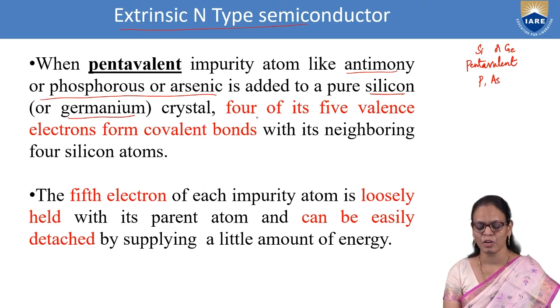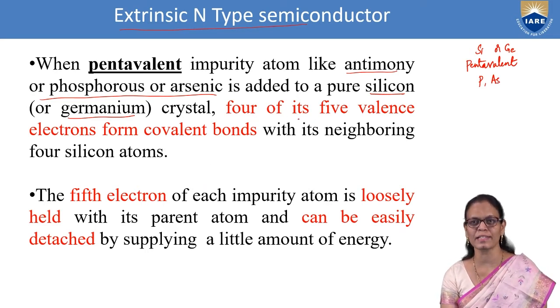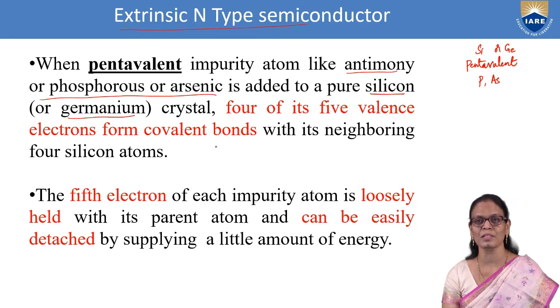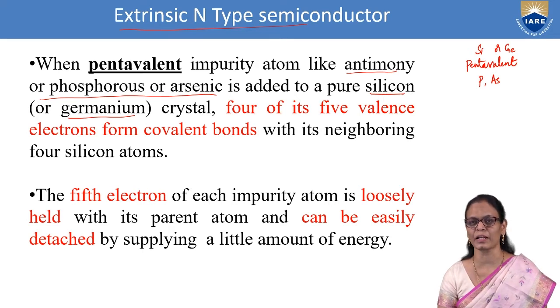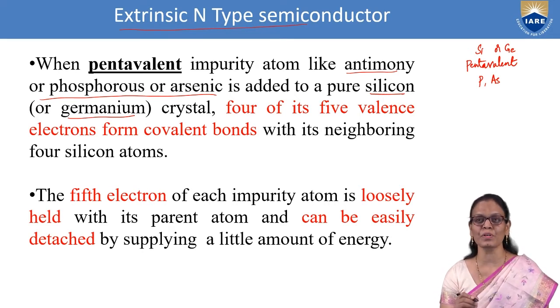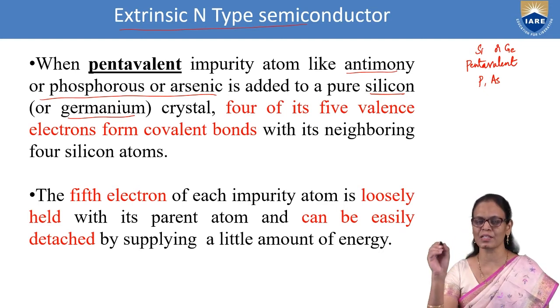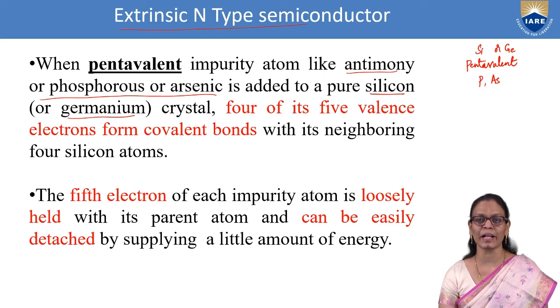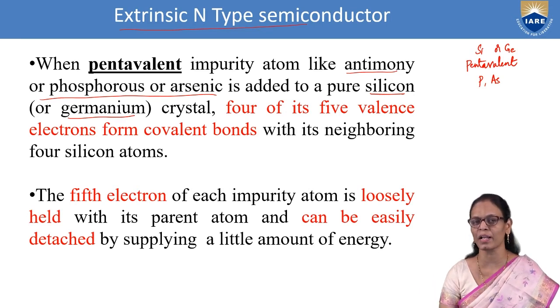What happens? 4 of its 5 valence electrons form covalent bonds with its neighboring 4 silicon atoms. So, as I told you, when we are adding an impurity, some of these impurity atoms replace the silicon atoms in the crystal structure. So, these impurity atoms which have 5 valence electrons now start forming bonds with the neighboring silicon atoms.